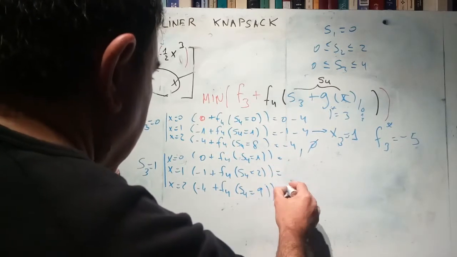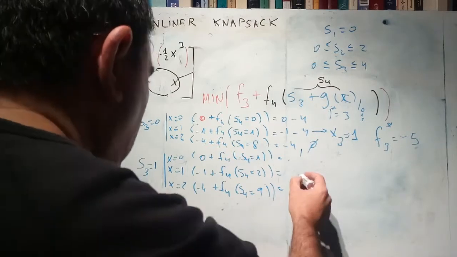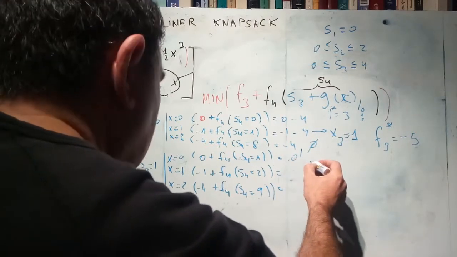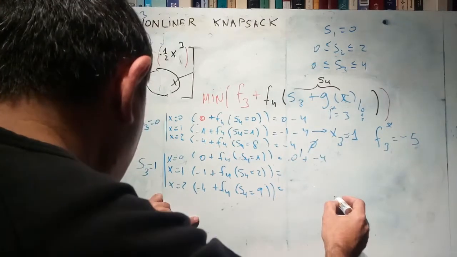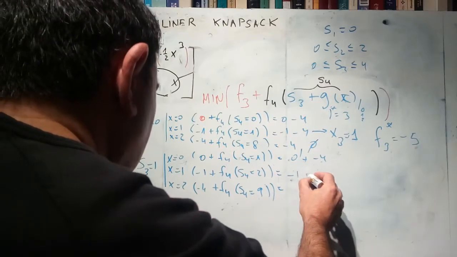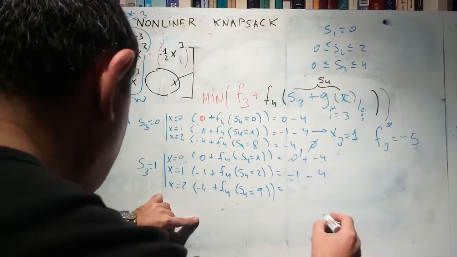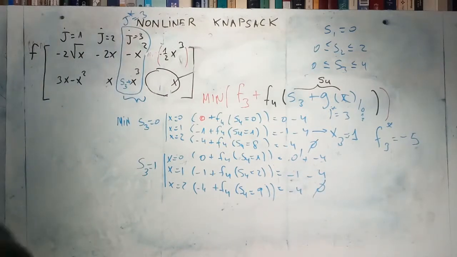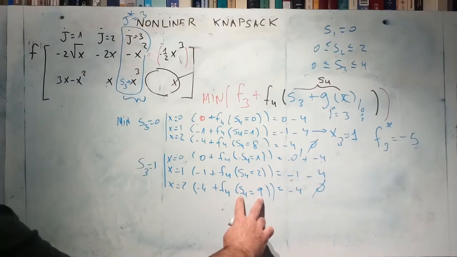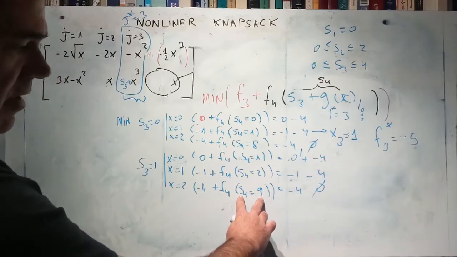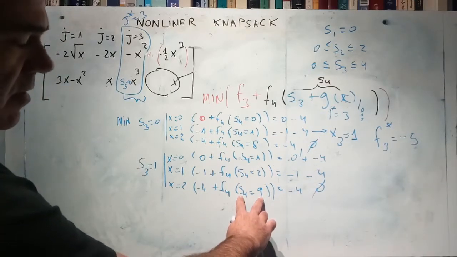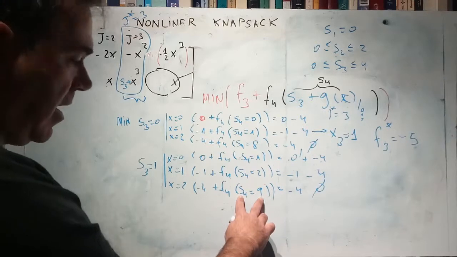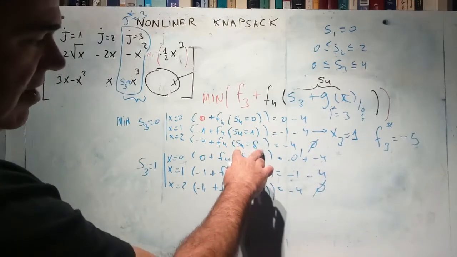So this is giving us three values again. 0 plus minus 4, minus 1 minus 4, and minus 4, and there is no value, because there was no value for S4 being 9. Do you remember? The upper value of S4 was 5, and the same here.